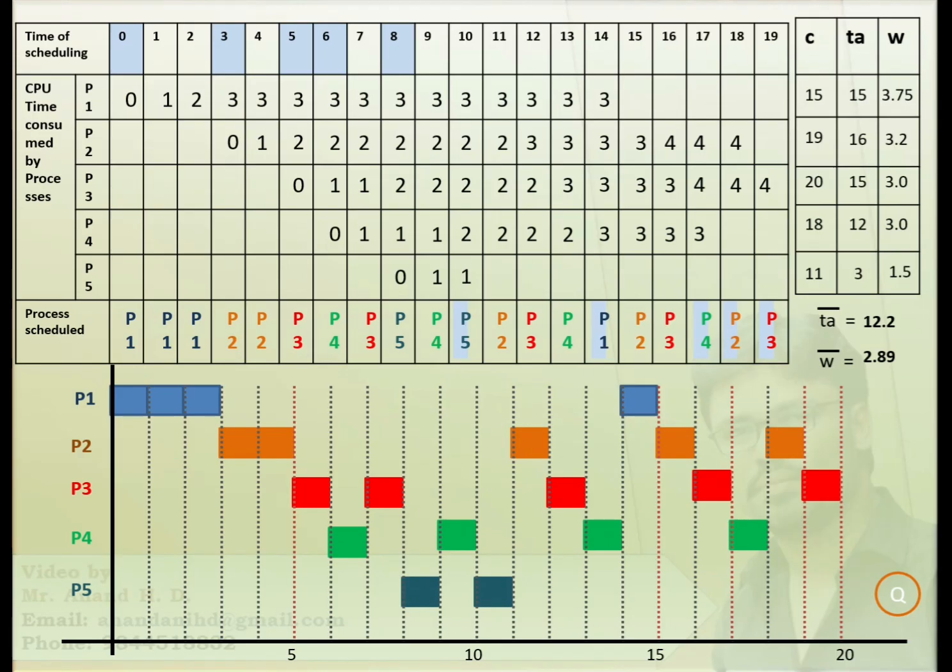Okay, so this is how we are going to schedule any given processes using least completed next scheduling policy and calculate completion time, turnaround time, weighted turnaround time, average turnaround time and average weighted turnaround time.